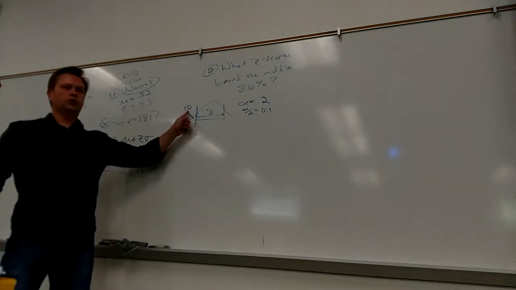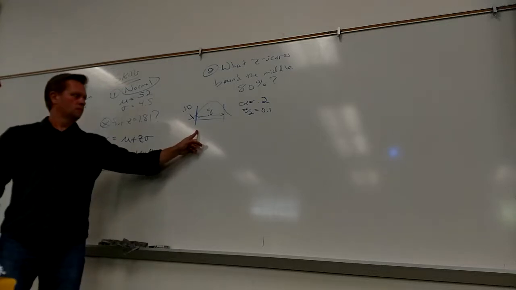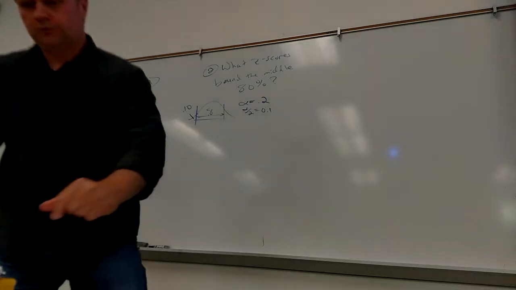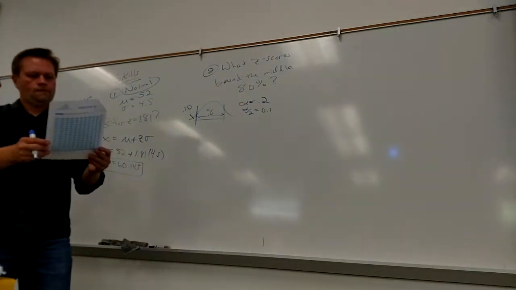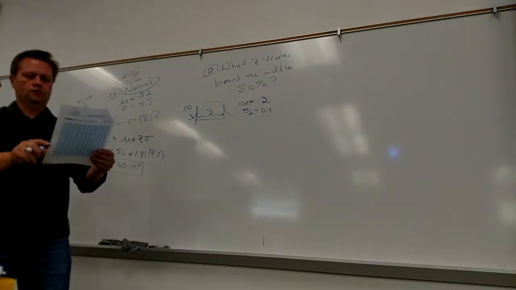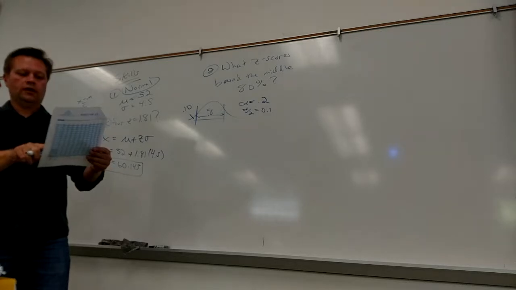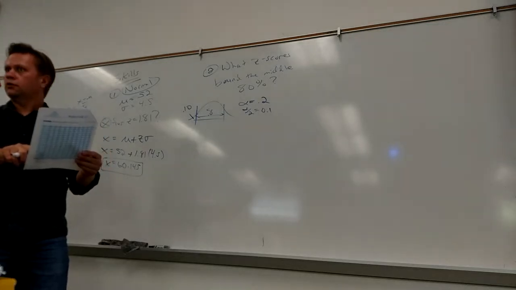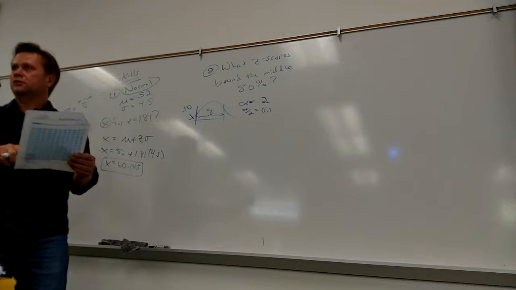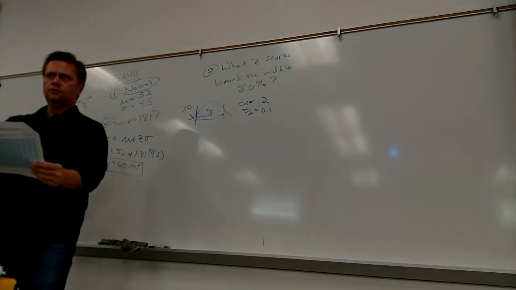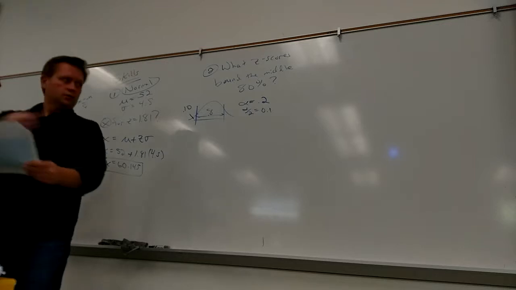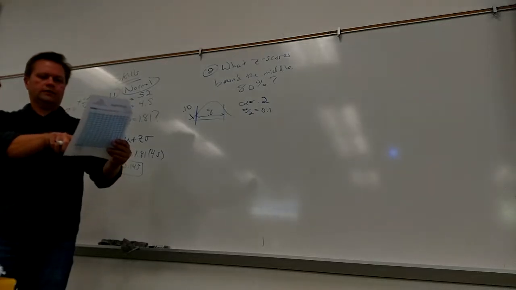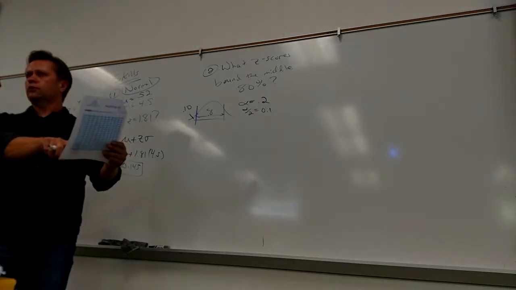Now, if you look at 0.10, what z-score do you get? What's the closest you can get to 0.10? Say again? Yeah, I get like 0.1003. That's the closest I can get to 10%. You guys agree? No? Please don't be looking at 0.01. That's 1%. So 0.10, the closest I can see is 0.1003.